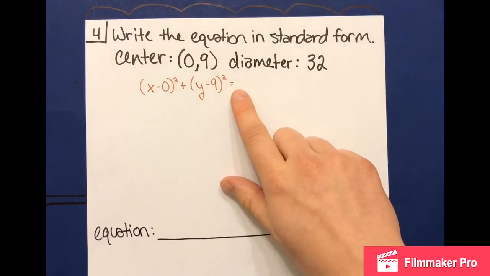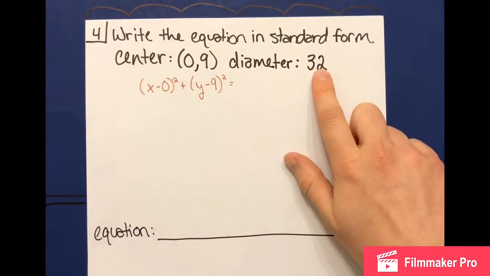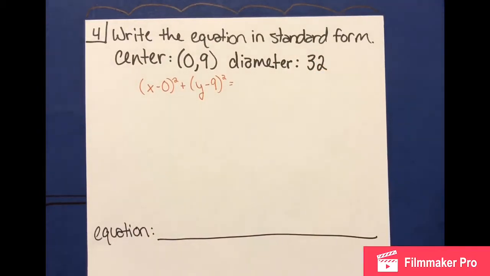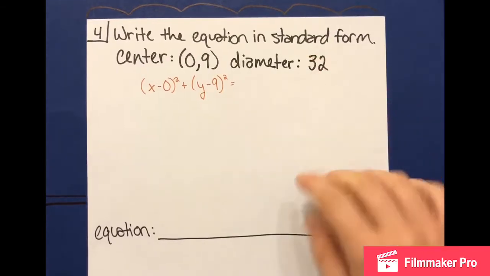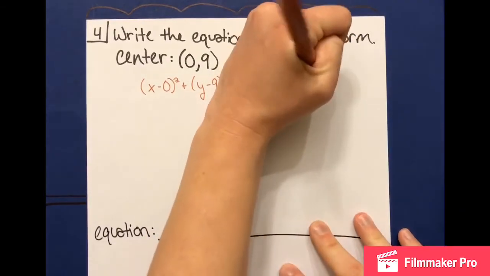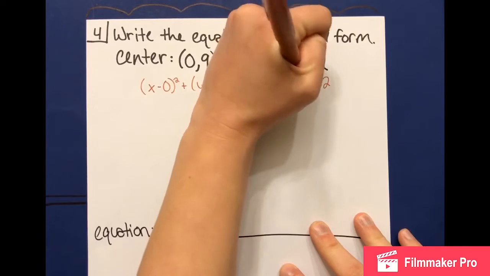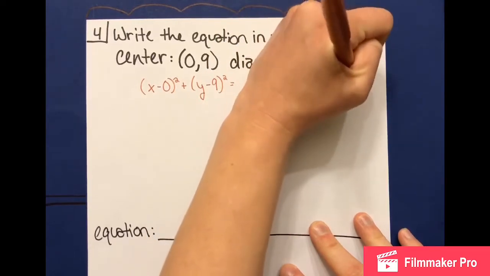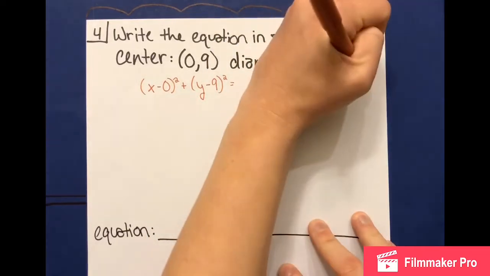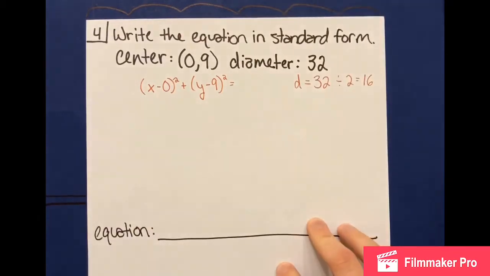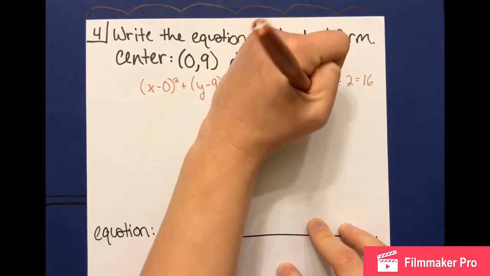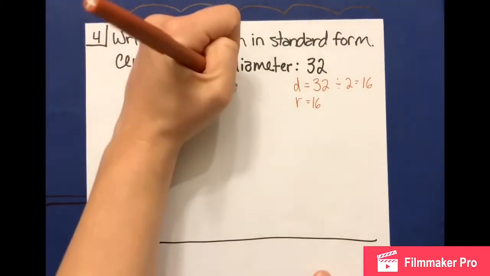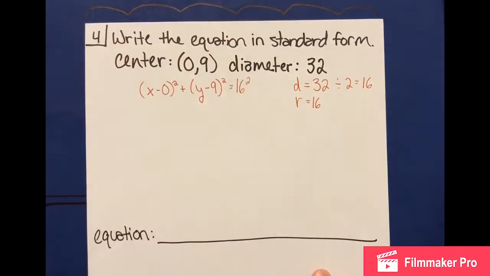Now, we don't have the radius. However, we do have the diameter, and we know the relationship already. This is double the radius. So I'm going to take this 32, which is my diameter, and I'm going to divide it in 2, giving me 16. So radius is equal to 16. So I'm going to put 16 squared in here.